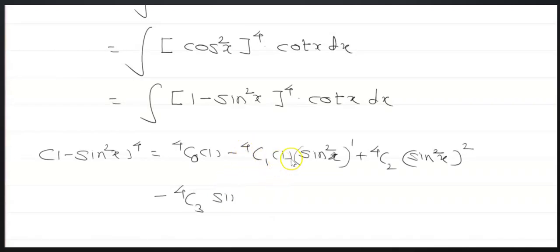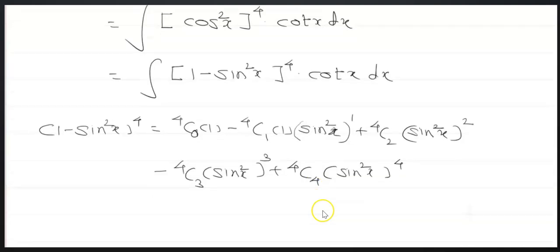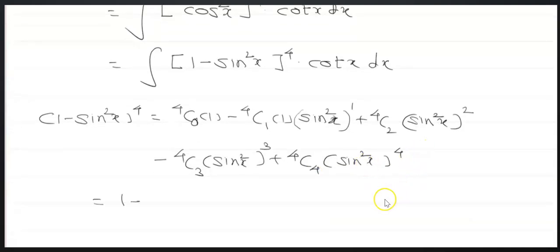Next, 4C1 sin square x bracket raised to 1, 4C2 sin square x bracket raised to 2, and again minus 4C3 sin square x bracket raised to 3, 4C4 sin square x bracket raised to 4. The value of 4C0 is 1, the value of 4C1 is 4.